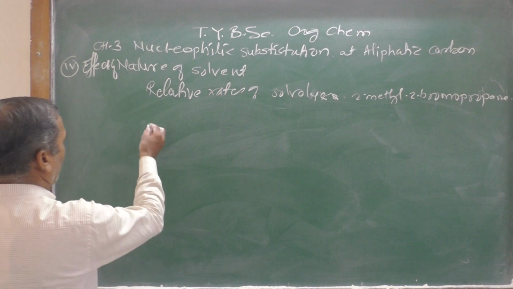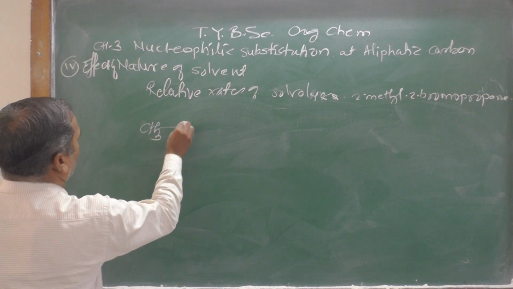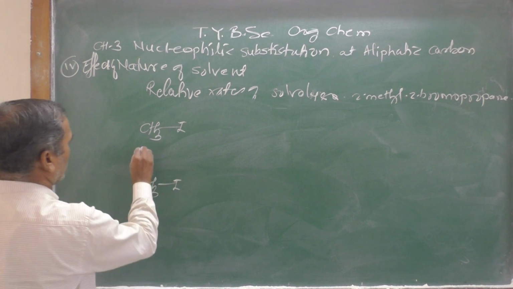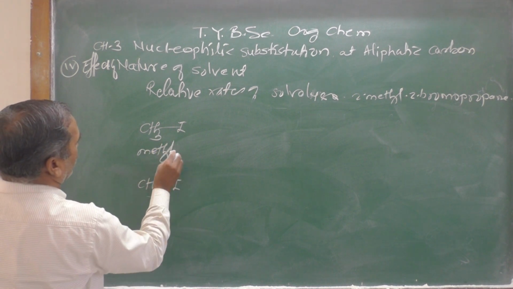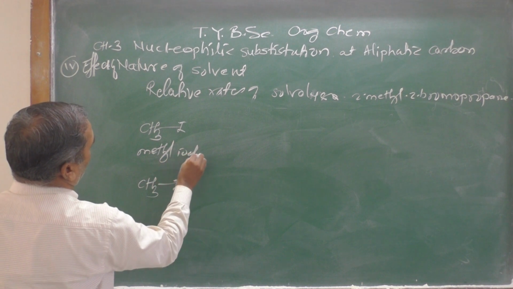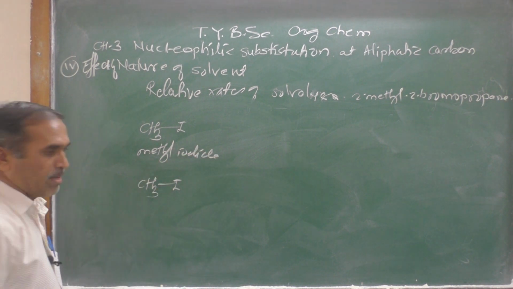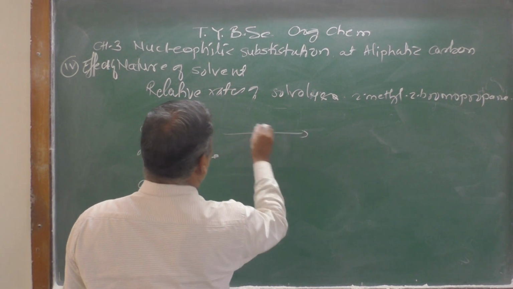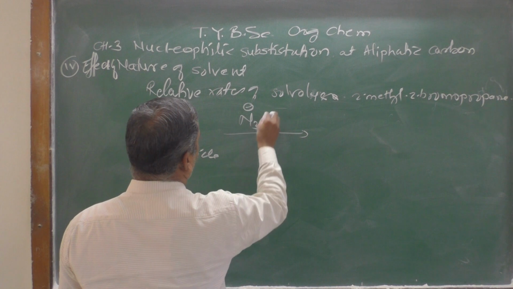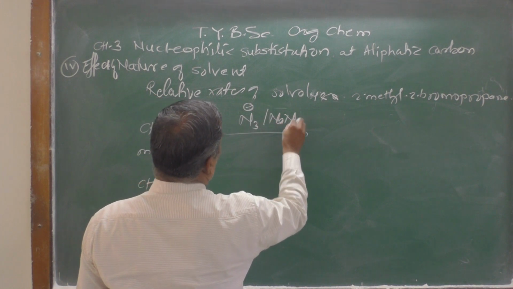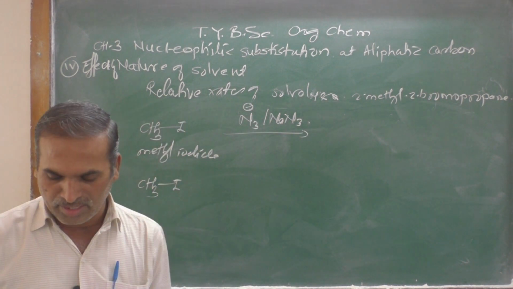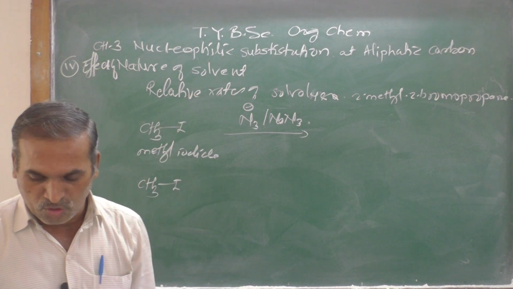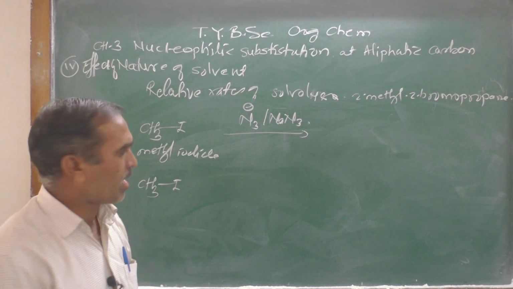Let us see the same substrate, CH3I, this is methyl iodide, right? Methyl iodide, which is a primary halide as we know, and it undergoes SN2 reaction. Now N3 minus, that is azide, in the form of sodium azide, NaN3, which is a good nucleophile, and that is going to attack.